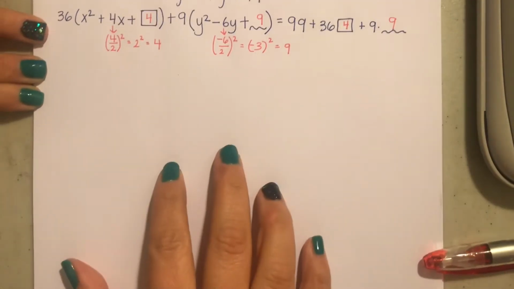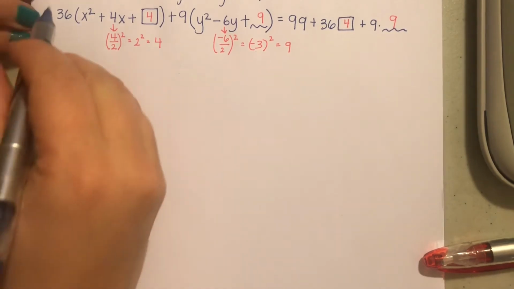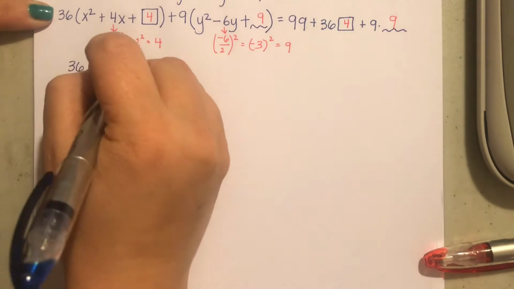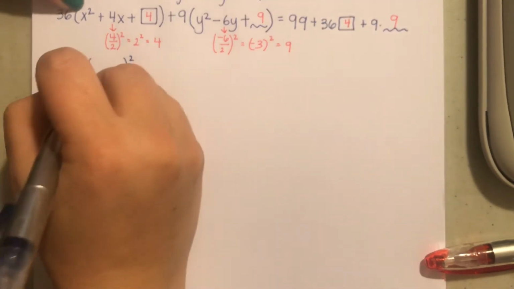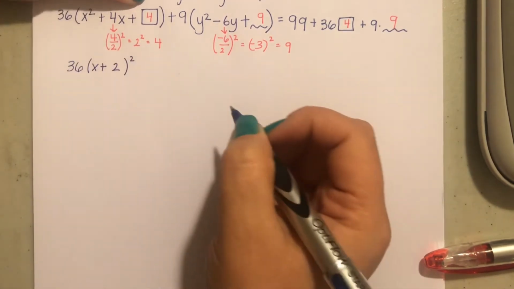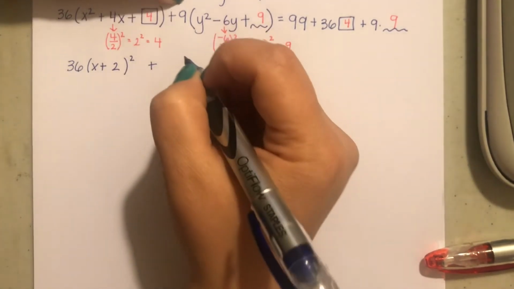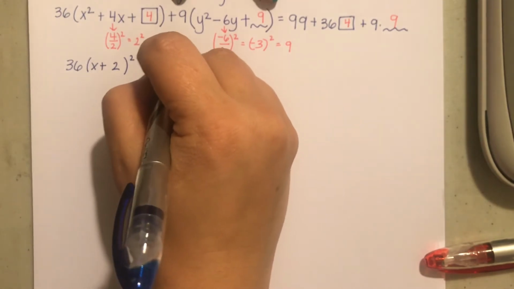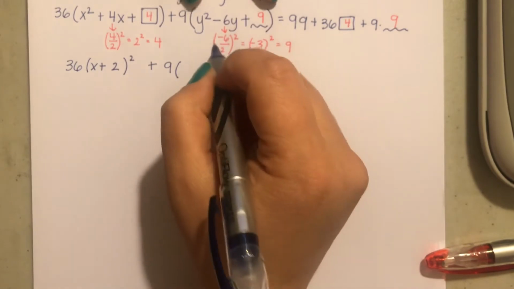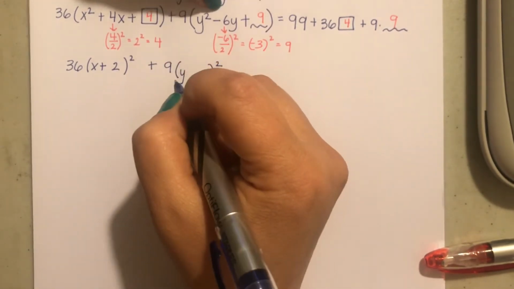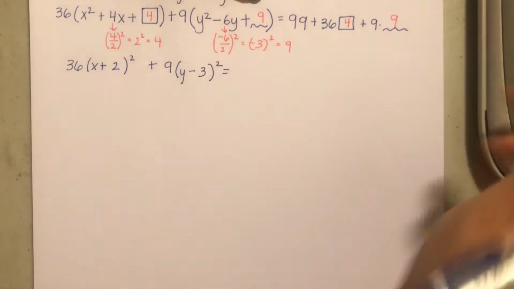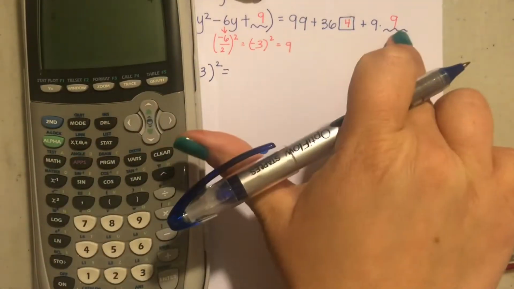Okay, so let's clean it up a tiny bit. The next line is going to look like 36, and if we factor this, we'll get an x plus 2, all squared, plus, now this group, 9 sits out front, and we're going to factor our completed square, y minus 3, all squared, equal to, and let's add all this up together.